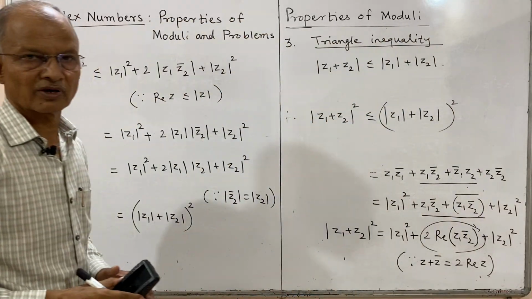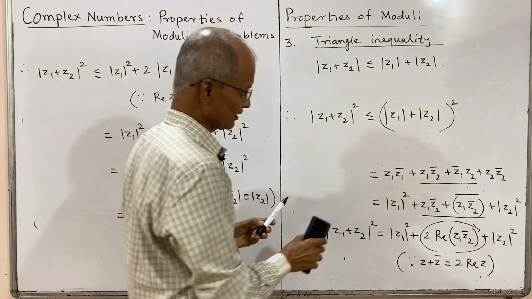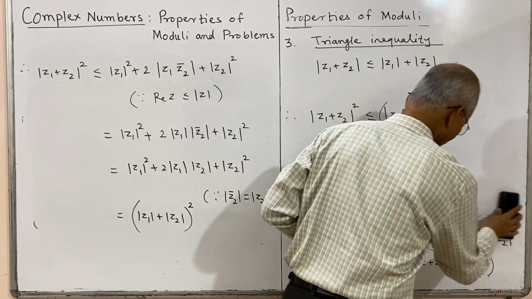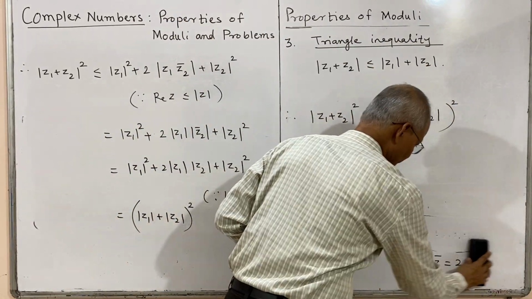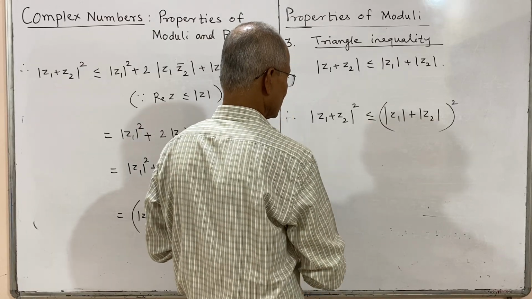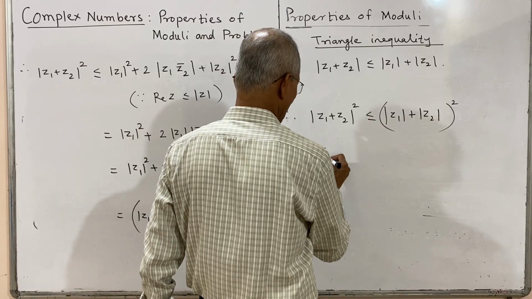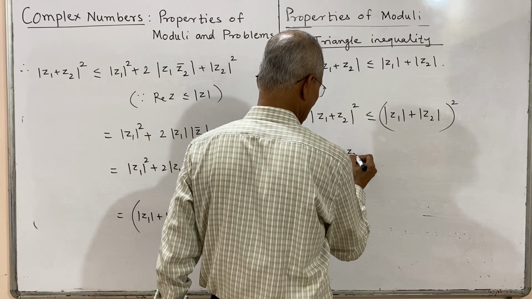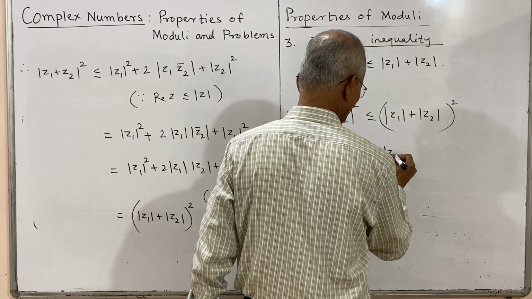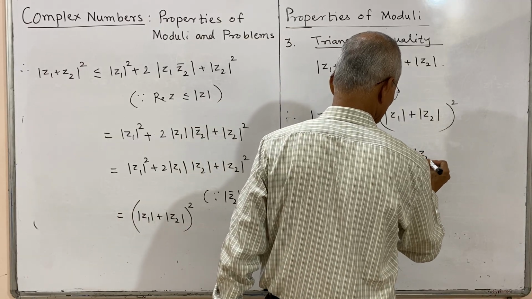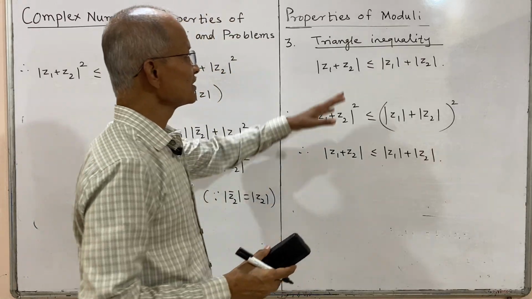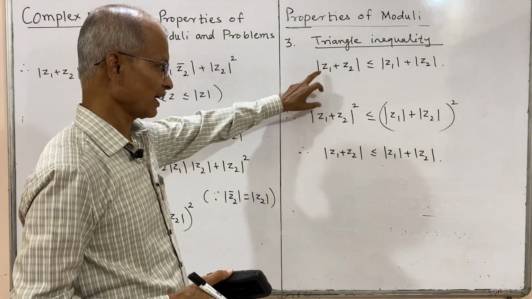Now we take the square root on both sides, and noting that the absolute value is never negative, we get the relation: mod of z1 plus z2 is less than or equal to mod z1 plus mod z2. This proves the property which is known as the triangle inequality.